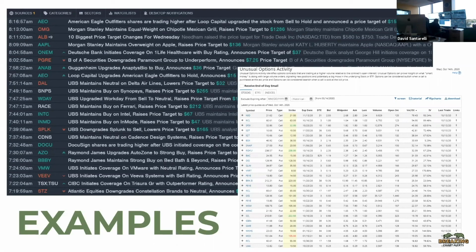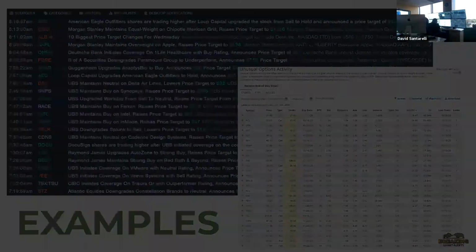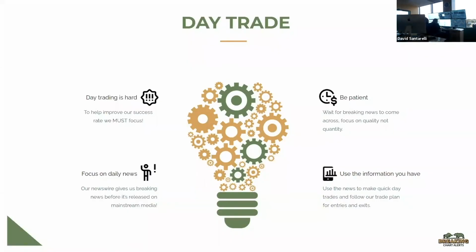And then 10 minutes later, it's saying, oh, breaking news, a Boeing plane just crashed. And then the stock tanks, and we're in before the mainstream media starts shorting that stock or selling their shares. So it's really important to watch that news. The news wire is going to give us breaking news before it's released on mainstream media, and we're going to use that information to make quality day trades.